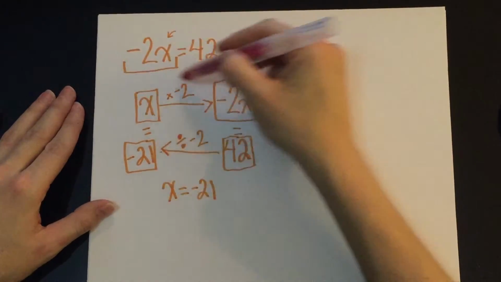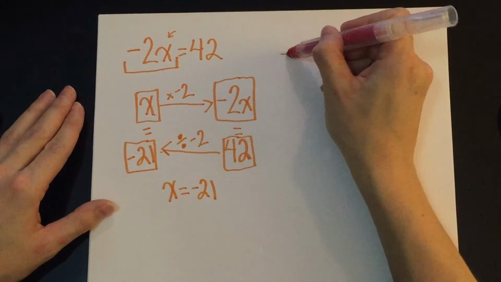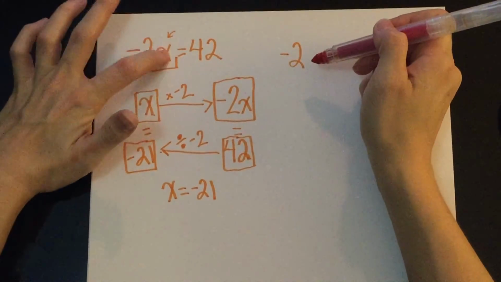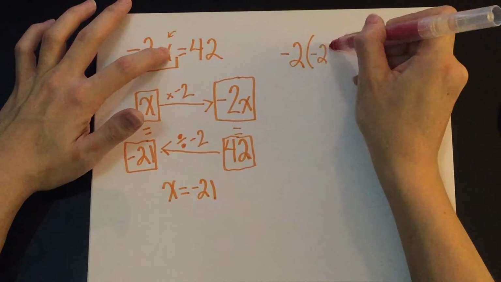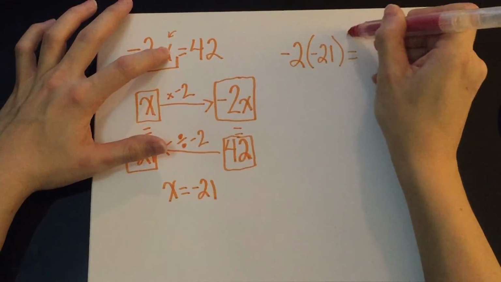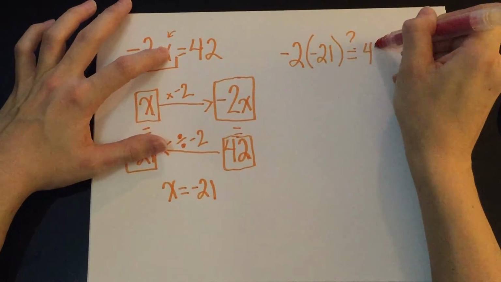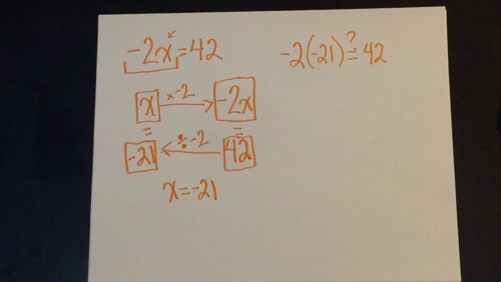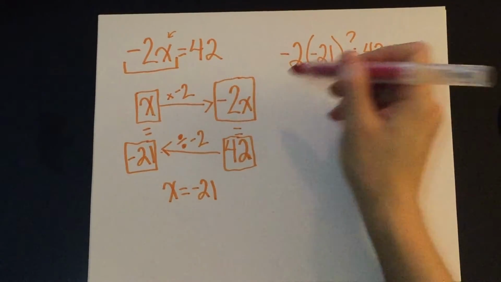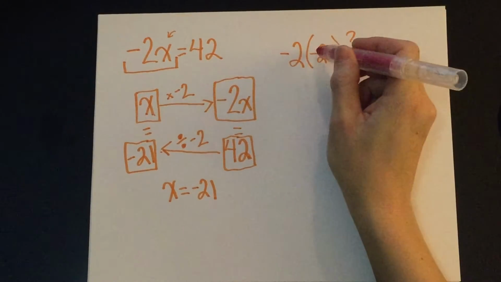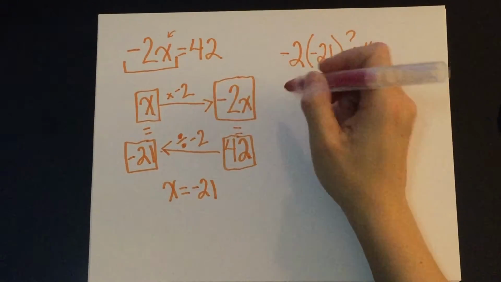And we should always check it. So we're going to take this original equation and substitute negative 21 instead of the x, and see if it equals positive 42. At this point, I would whip out my calculator, or I could do a side problem, which is what I'm going to do right now. I know a negative times a negative is a positive.